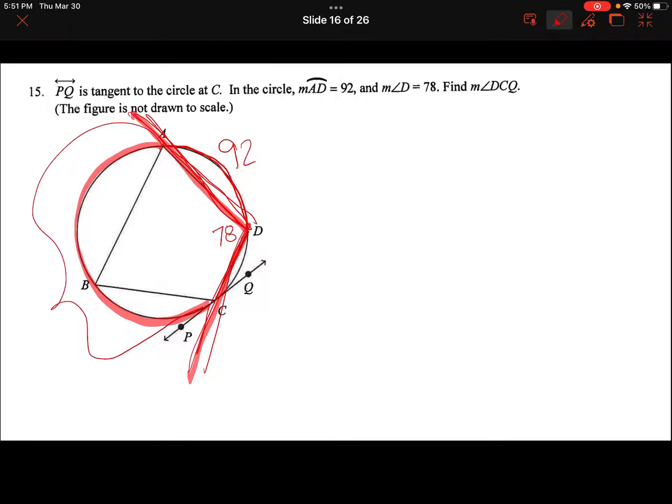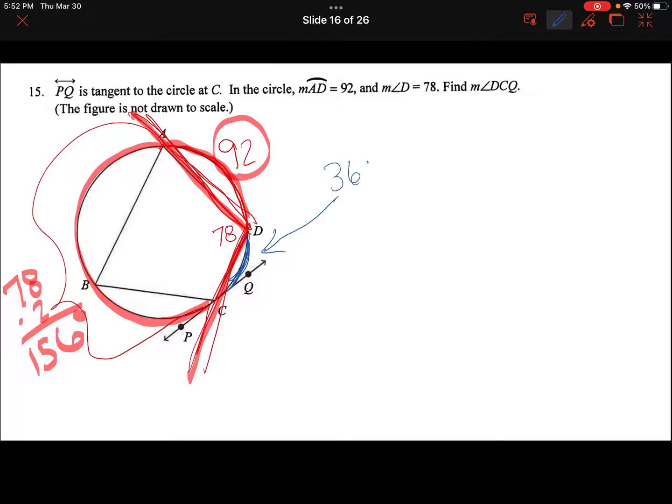The inscribed angle is always half of the arc that it intercepts. So since angle D is 78, then the arc is double that, or 78 times 2, which gives us 156. And then we know that this portion of the circle is 92. And we can find the other portion of the circle, which is this arc right here, arc DC, because we have the rest of the circle.